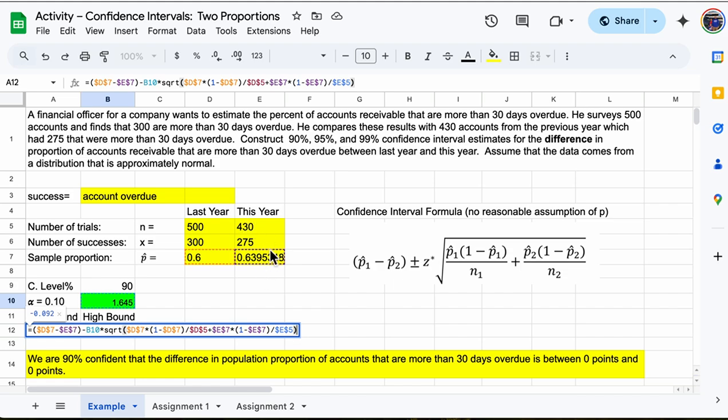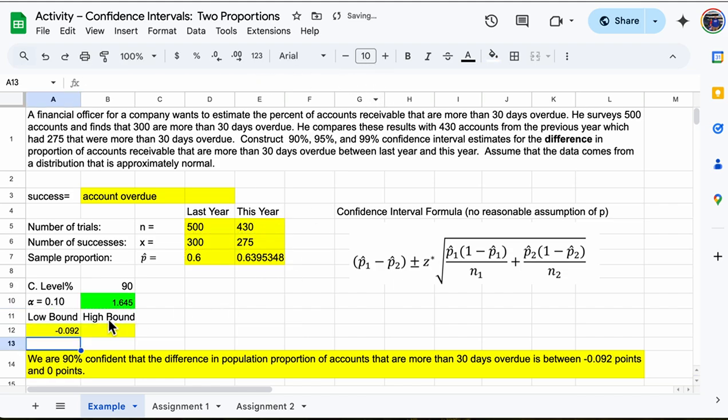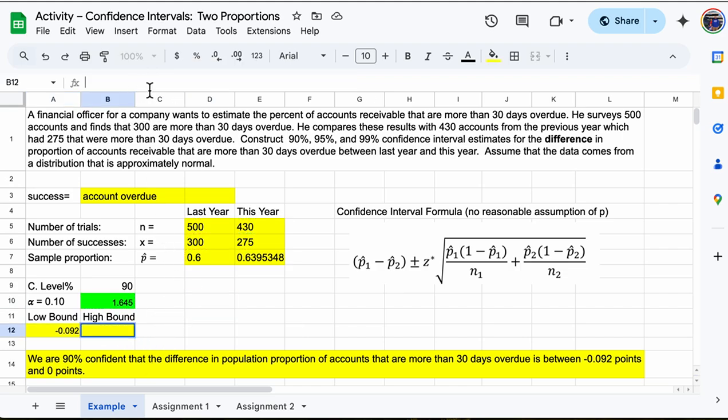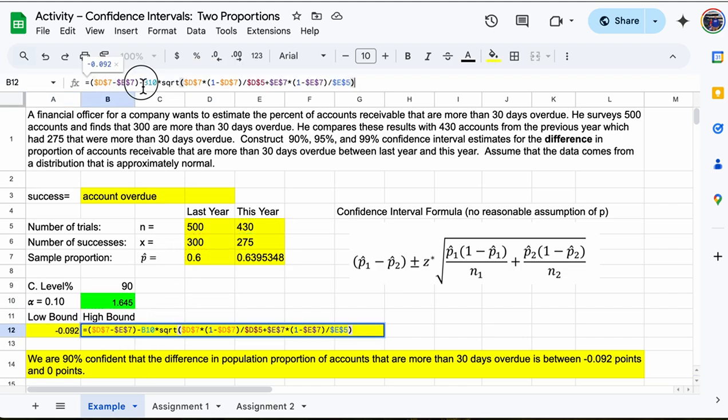So everything has the same structure, but in the E column. I'll lock that in. I got my lower bound. Copy it over, change minus to a plus. Not all of them, just this one.